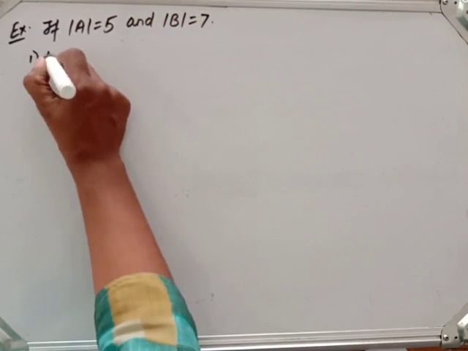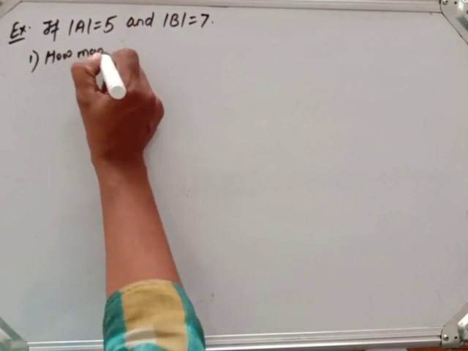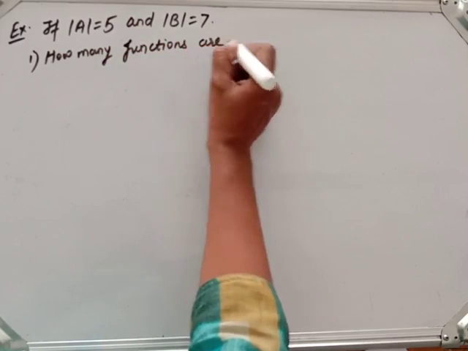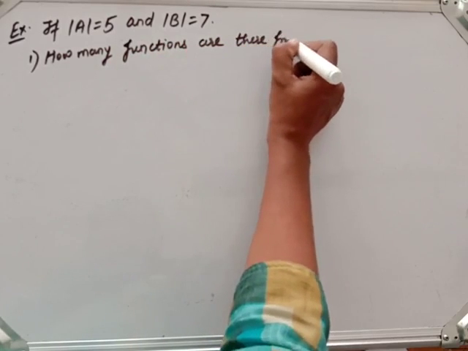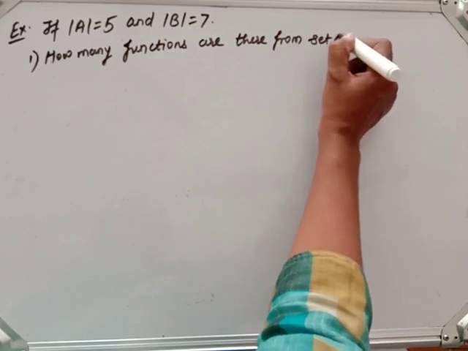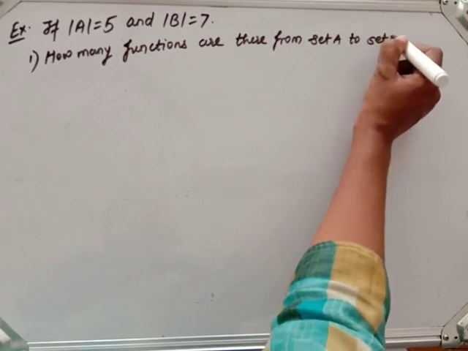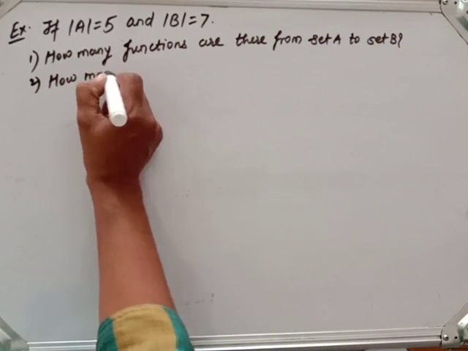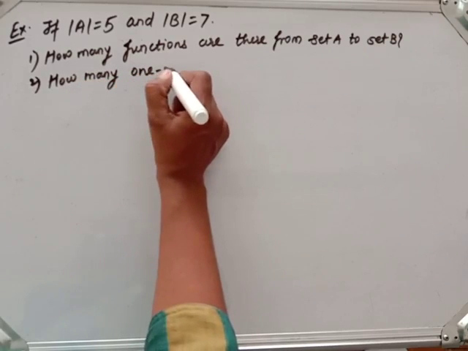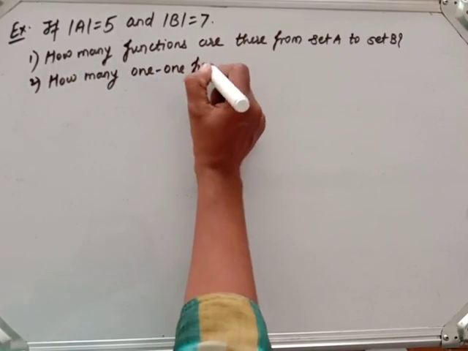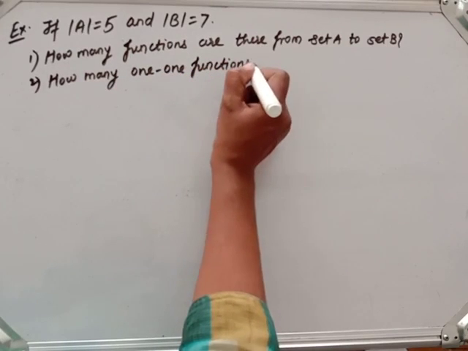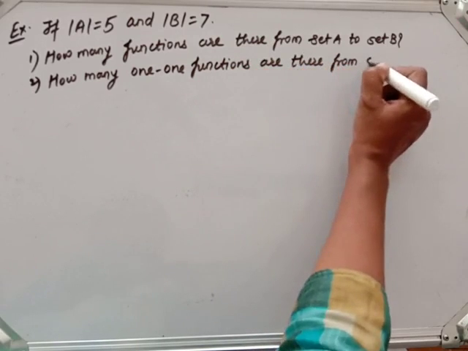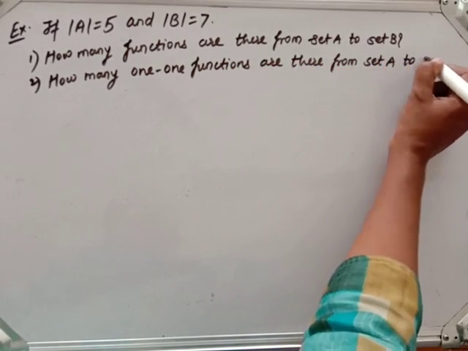Then the question is that how many functions are there from set A to set B. Then the second question is that how many 1-1 functions are there from set A to set B.